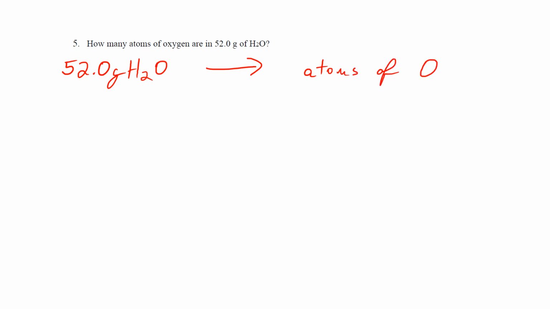All right, how many atoms of oxygen are in 52 grams of H2O? So this is a problem dealing specifically with H2O. So we're told 52.0 grams H2O, and we want to know the number of atoms of oxygen.